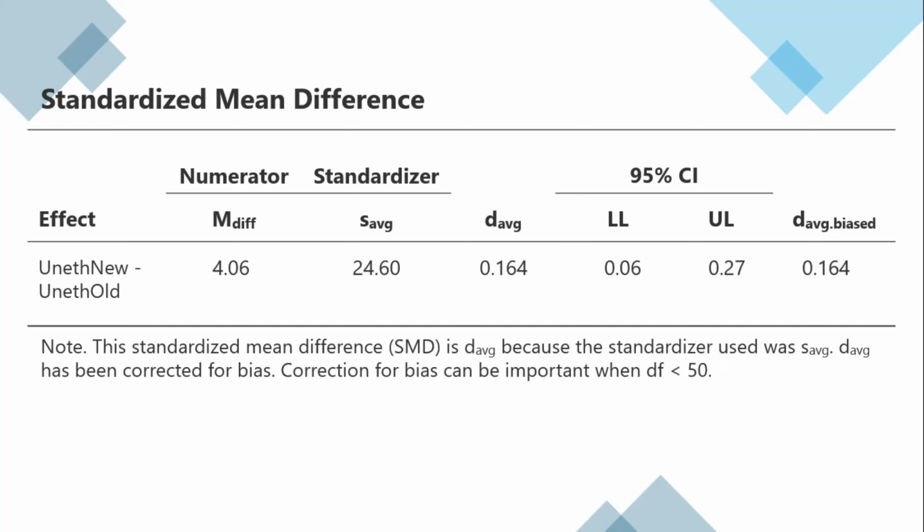In my training, the raw mean difference is technically, in my mind, not an effect size per se. It's just a mean difference. The authors of the textbook are calling a raw mean difference an effect size.